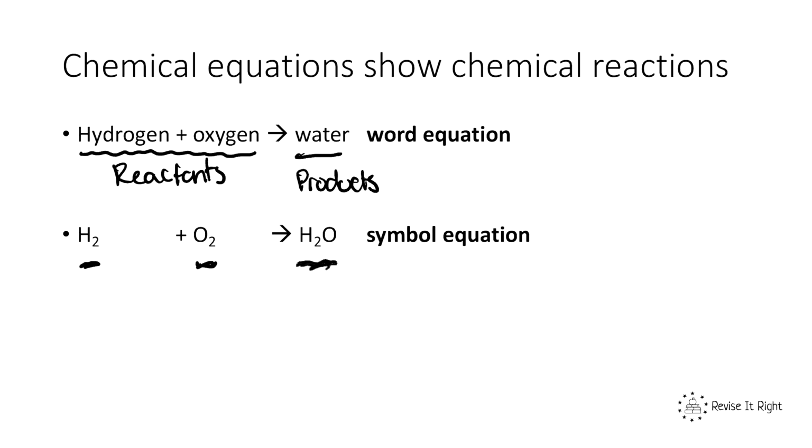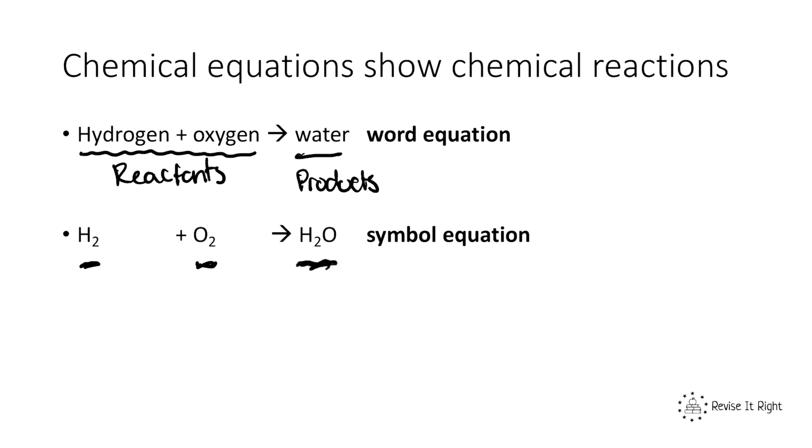By that I mean there must always be the same number of atoms on both sides. They can't just disappear, and that's because of something called the conservation of mass. The mass before the reaction takes place is always the same as the mass after the reaction takes place. That means there must be the same amount of atoms before as after.